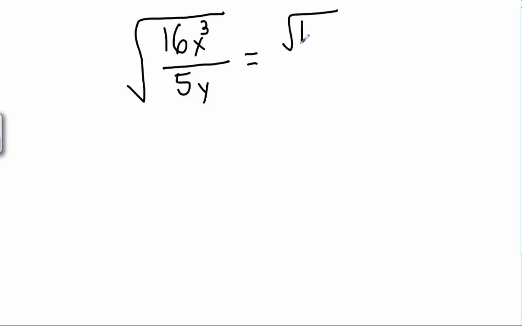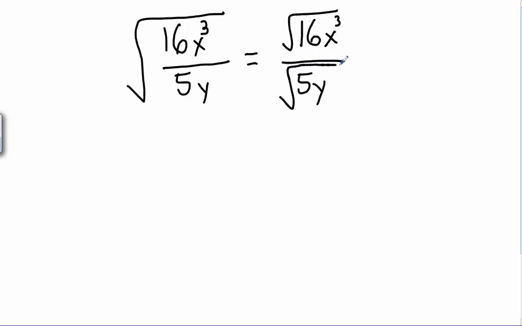So, last one, I'm going to get tricky with it. And let's do some variables. So you have 16x to the third over 5y to the first. Okay? So we take the square root of numerator and denominator. So you have the square root of 16x to the third over 5y.